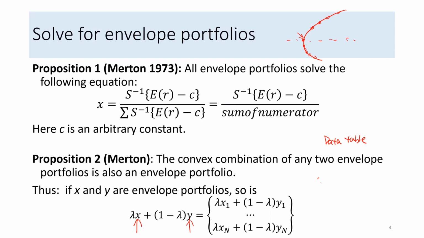All other portfolios, for example portfolio Z and W, will be a convex combination of X and Y. So there's no need for further calculating Z and W. I believe we have an exercise showing that: we have a portfolio Z, and we follow proposition 1 to solve for X, Y, and Z. And later we're going to find that Z is a function of X and Y.